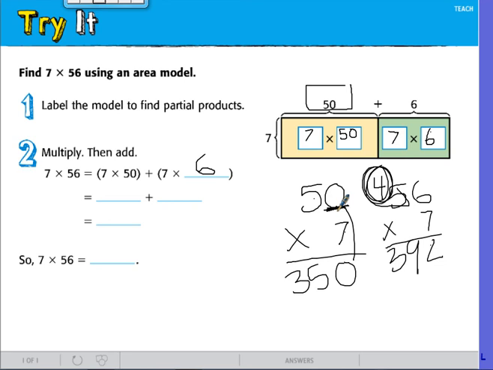Okay? Really, it's a good way to check your problems as we go on. Okay? So we have 7 times 50 is 350. And 7 times 6 is? What's 7 times 6? 42. And we add those together and we get 392.